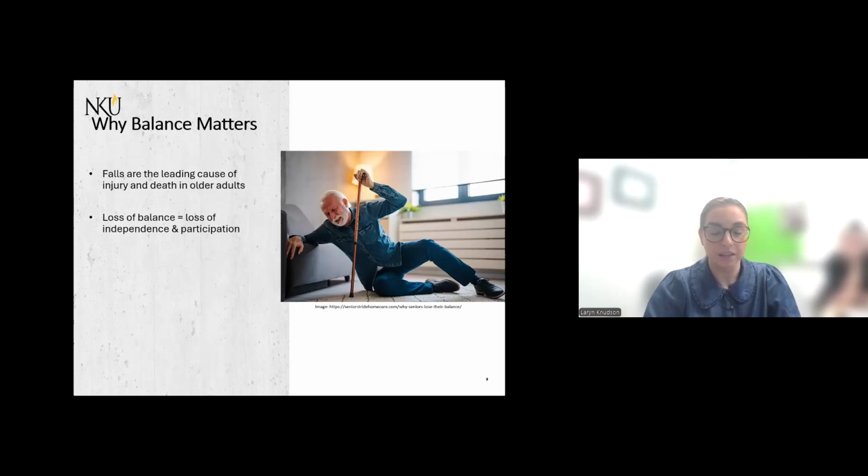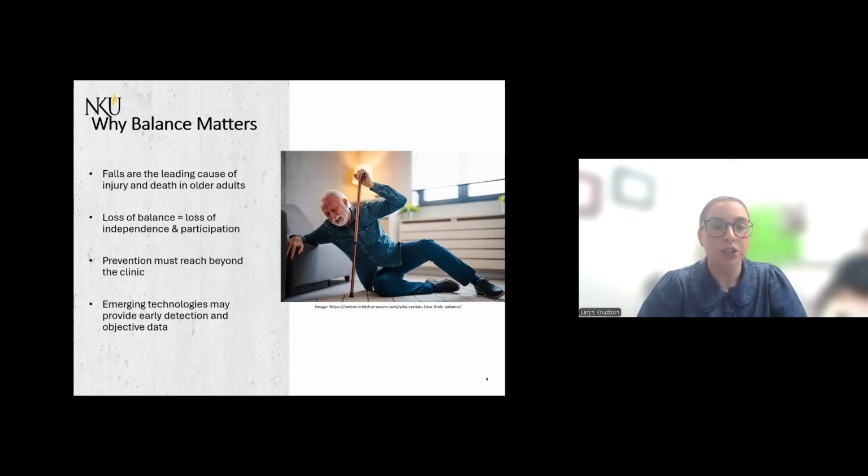Loss of balance leads to loss of independence and decreased participation with this population specifically. And with prevention of falls, this must reach beyond the clinic. So that is why we sought to interact with community members.